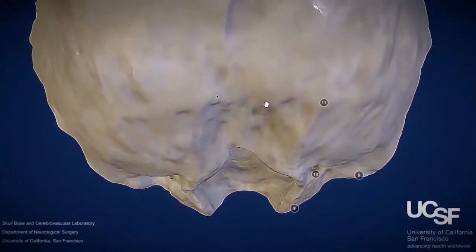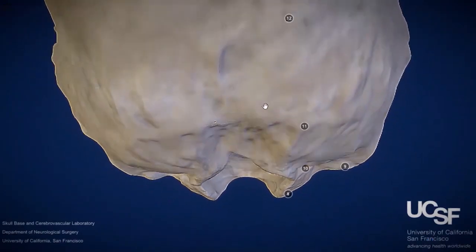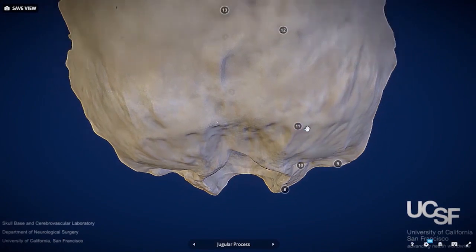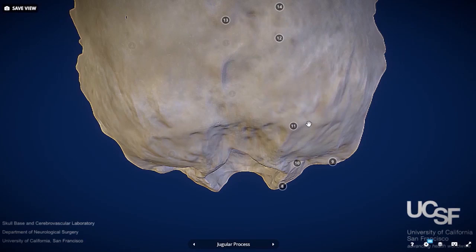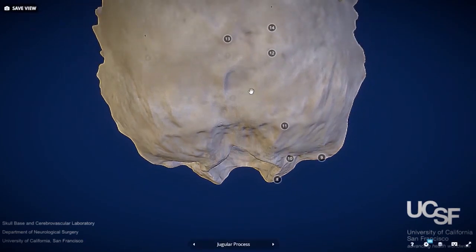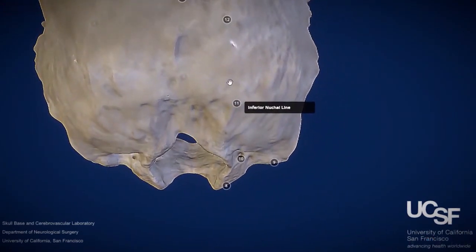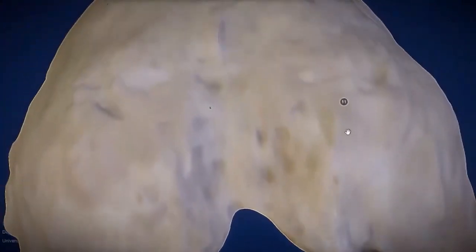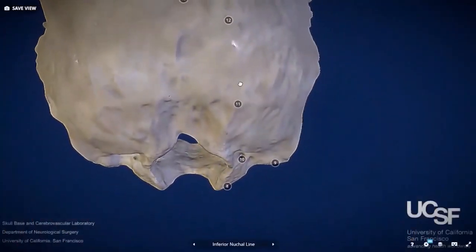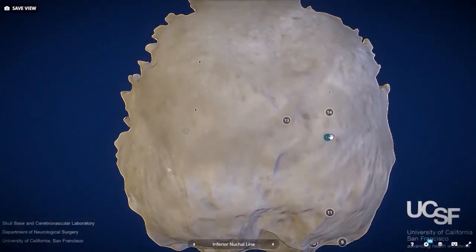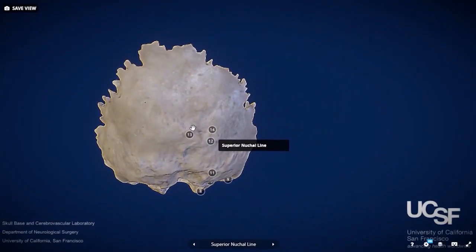Now moving towards a posterior extracranial view, we see that there are several landmarks related to muscular and ligamentous attachment. These landmarks can be identified thanks to protuberances as well. And from an inferior perspective, we see that the inferior nuchal line can be identified, and superiorly we see a superior nuchal line.